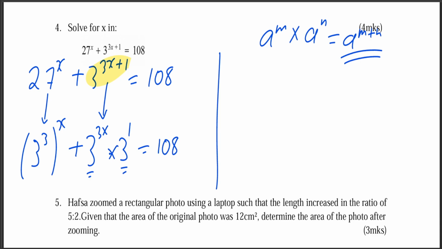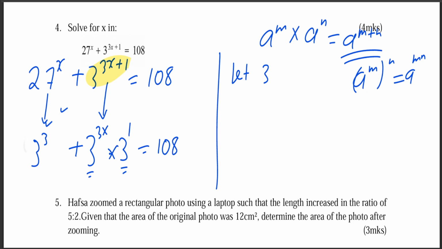Now remember, if you have 2 powers here, this will now be 3 times x. If you have 2 powers, what do you do? You multiply those powers: a to the power m times n. So since we have 2 powers, you multiply 3 times x to give you 3x. So very simple. Now we say let 3 to the power 3x be equal to a letter, maybe a.